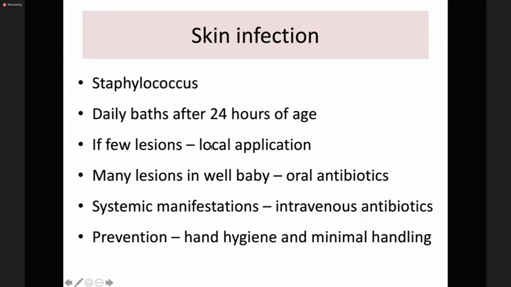Okay. So you need to know if you see pustules that it is an infection. It is not a benign skin lesion. Therefore it needs treatment. And since it is by skin contamination, it needs daily baths.